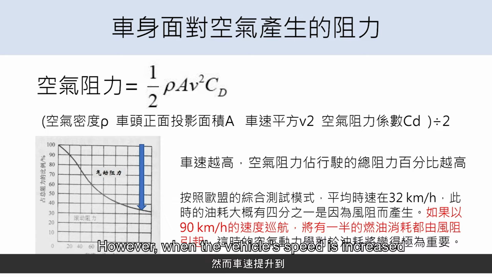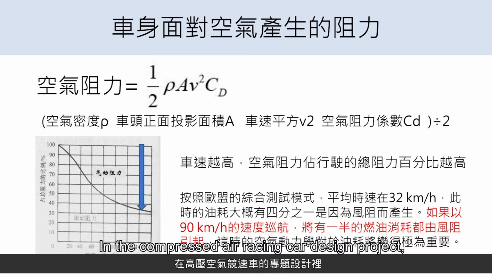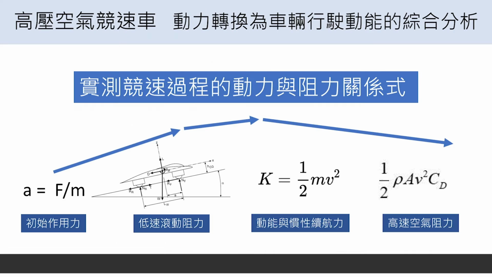However, when the vehicle speed is increased to 90 kilometers per hour, half of the fuel or energy will be consumed by air resistance. In a compressed air racing car design project, the car's speed will be very fast. Therefore, the impact of air resistance on the vehicle design, relatively speaking, becomes more significant.